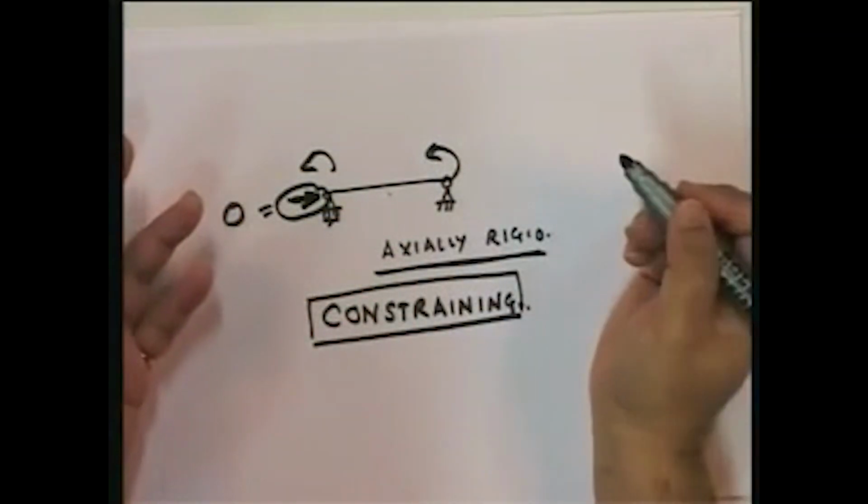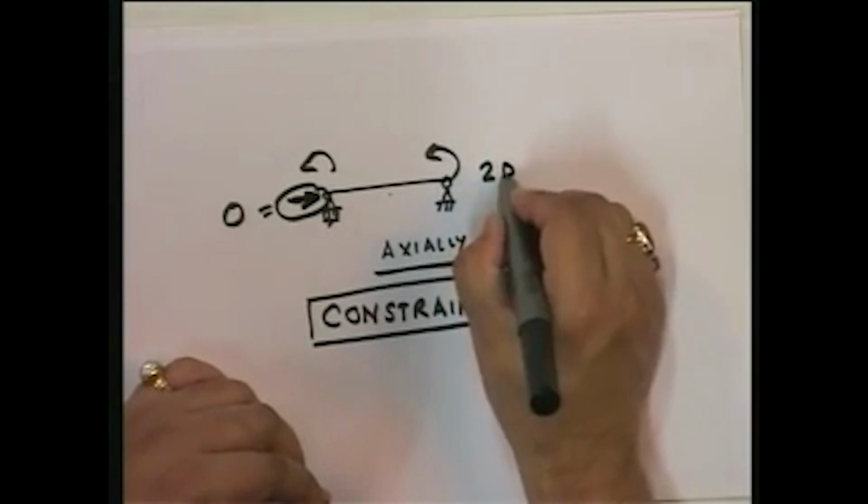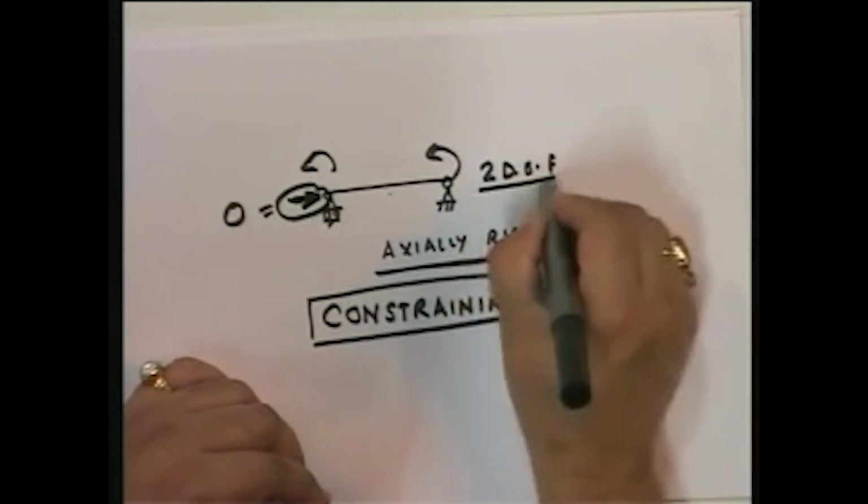By making the structure actually rigid, what have I done? I've eliminated a degree of freedom. Now, if I say that this beam is actually rigid, how many degrees of freedom does this beam have? 1, 2, the 2 rotations. It's a 2 degree of freedom structure.